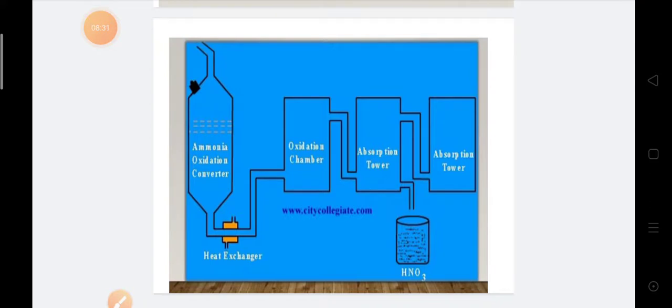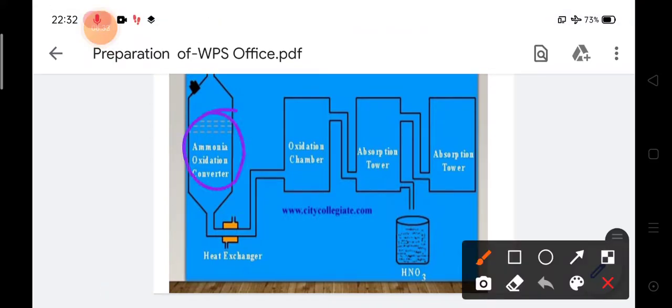Here the primary step occurs: the ammonia is oxidized to NO, at 600 degrees Celsius, and by the heat exchanger it drops to almost 150 degrees Celsius, and in the next chamber it is at 50 degrees Celsius. All of this conversion of temperature from 600 to 50 degrees Celsius happens by the effect of the heat exchanger.